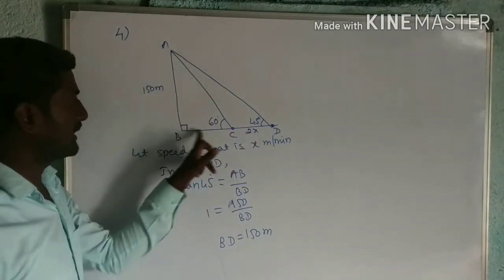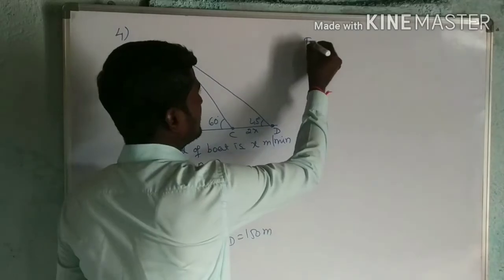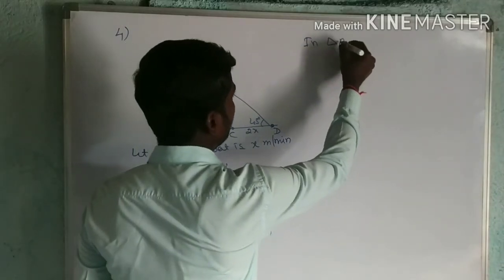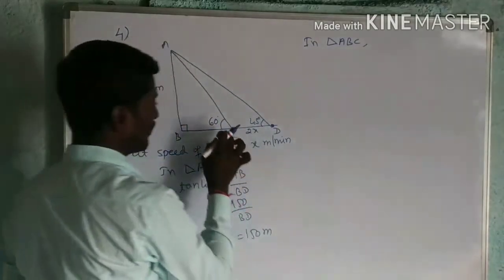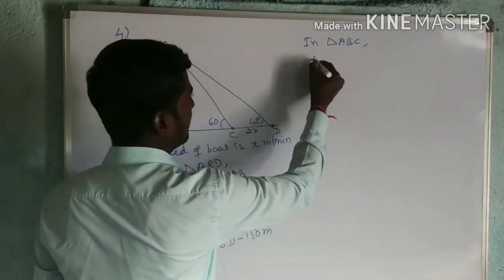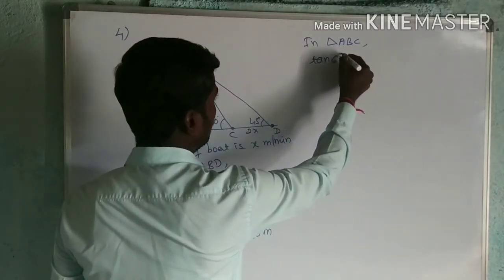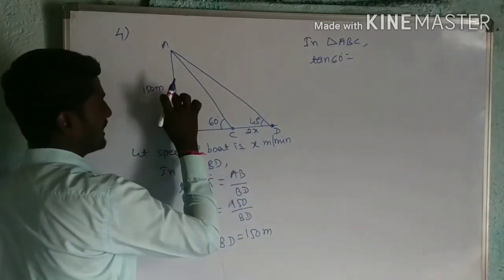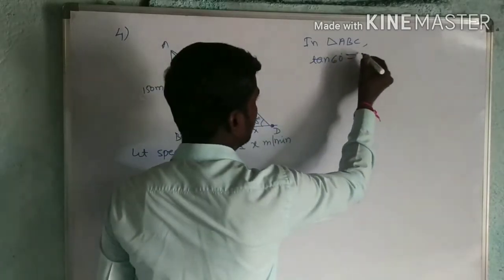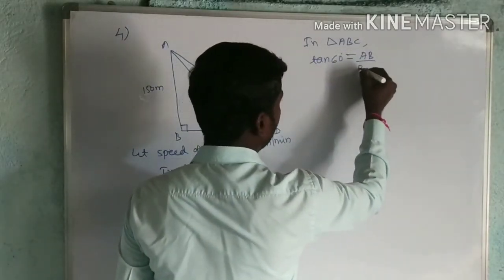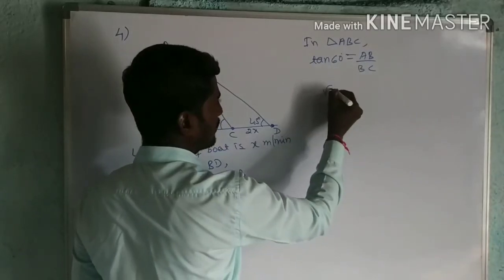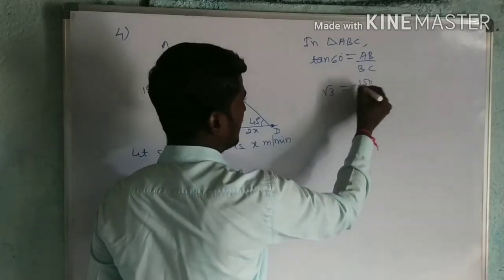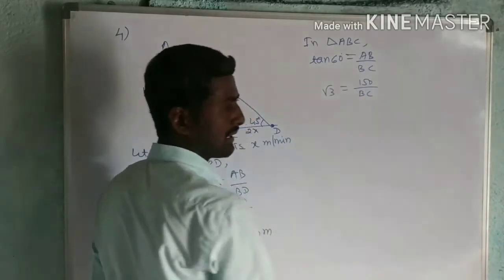Then I'll go for another right angle triangle ABC. In right angle triangle ABC, now we'll apply tan 60 degree. Tan 60 degree is equal to what? AB by BC. Tan 60 is root 3. AB is 150 given. BC we have to find.